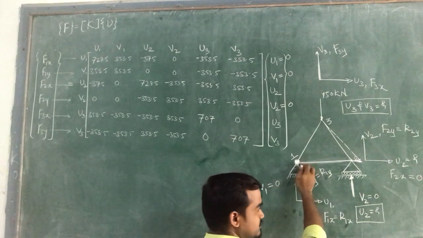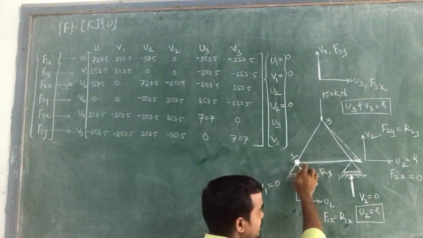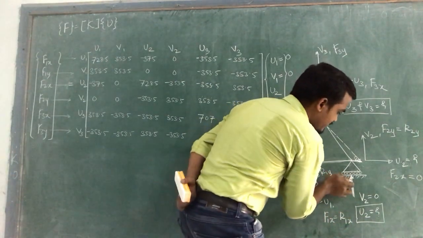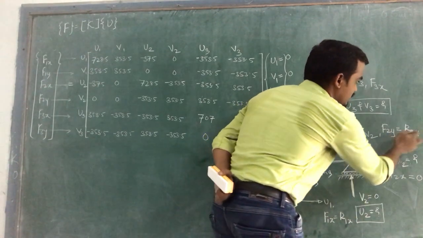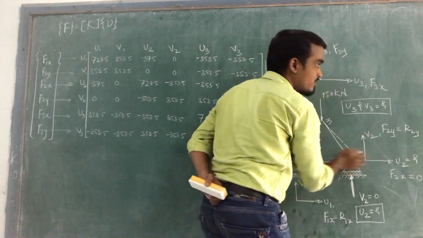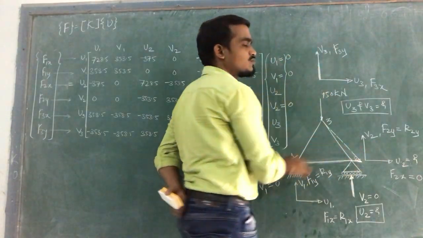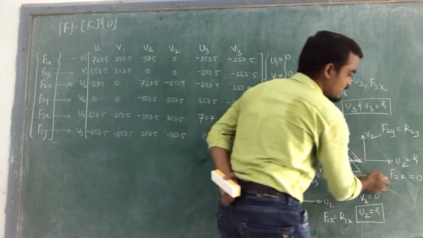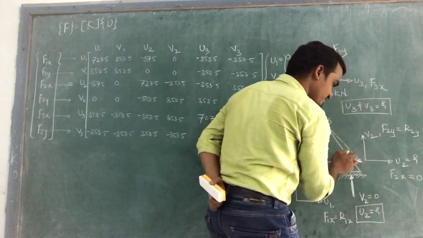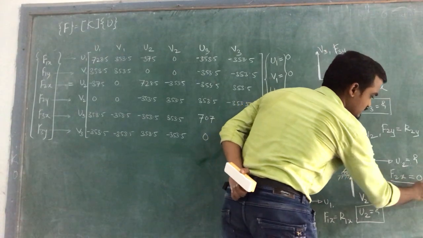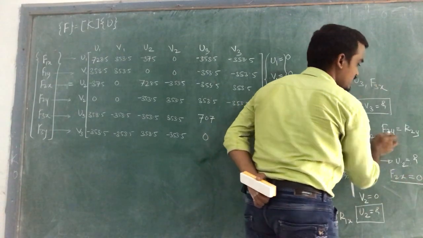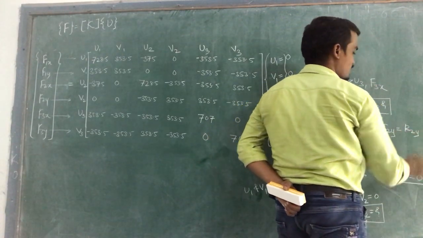Because at this node there must be two reactions in x as well as in y direction. But at this node there will be only one reaction in vertical direction, and it is nothing but your R2. And in horizontal direction there will not be any type of reactions due to this roller support. So F2x, since no force is given at this node, is equal to 0, and F2y is equal to R2.